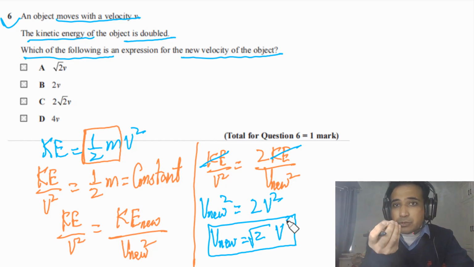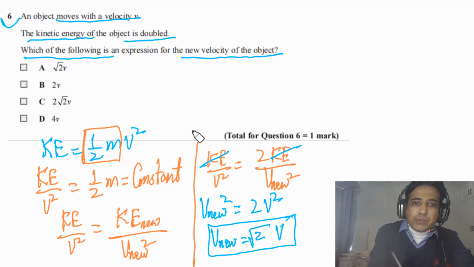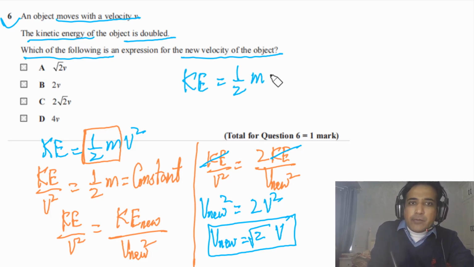Why do I explain it in this way? Because this method can be used to answer a lot of questions in physics. So that's the reason I use this one. Otherwise, simply I can say kinetic energy is equal to 1/2 mv squared. If this kinetic energy is doubled, this side also has to double.